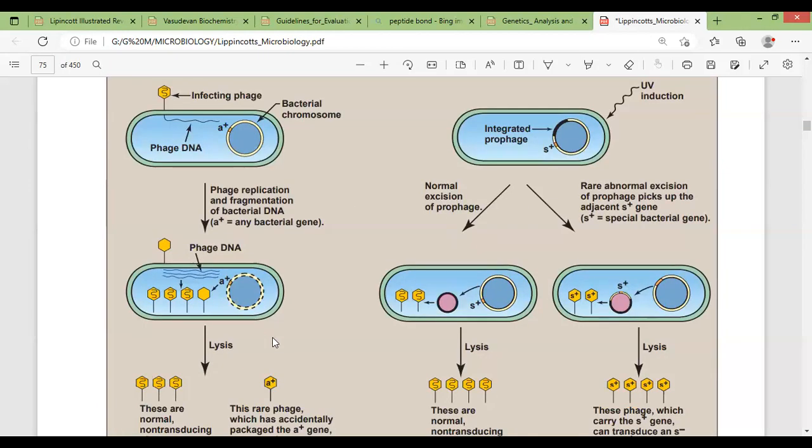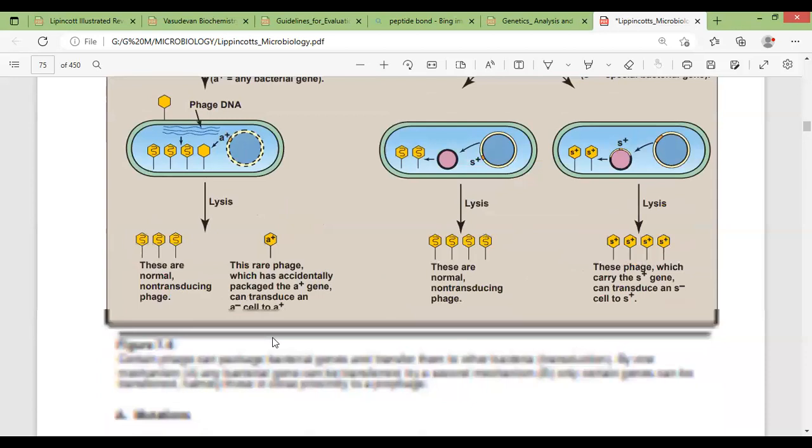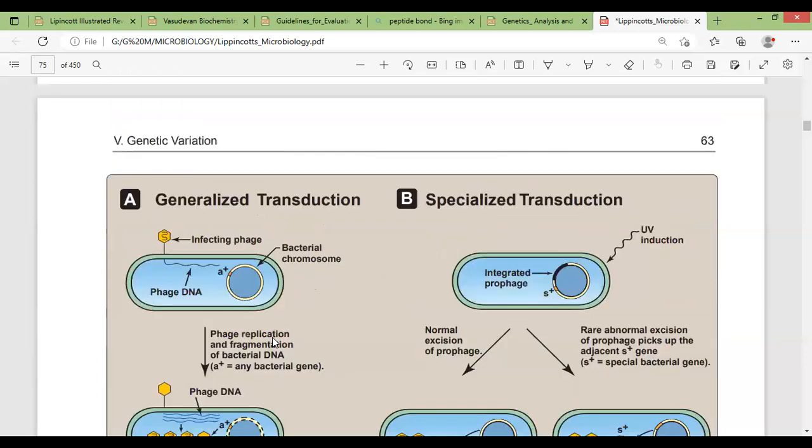Now, that's it for the generalized transduction. For the specialized transduction, essentially the same thing. Okay, the same story, just that here now it is again. Now in this case again, the S plus gene, right?